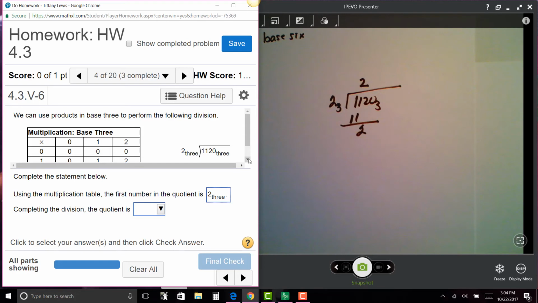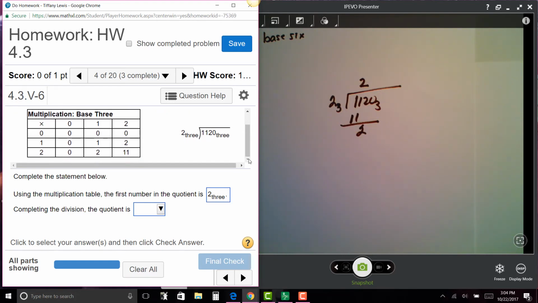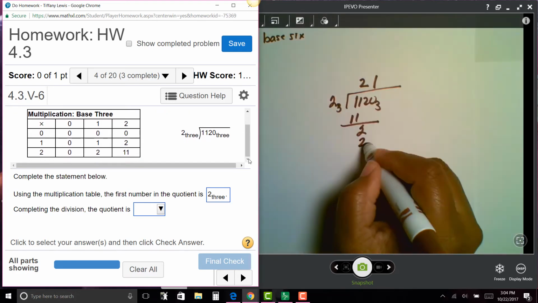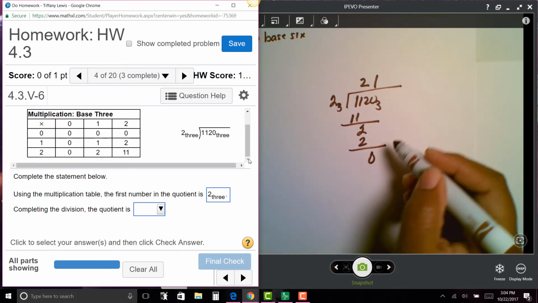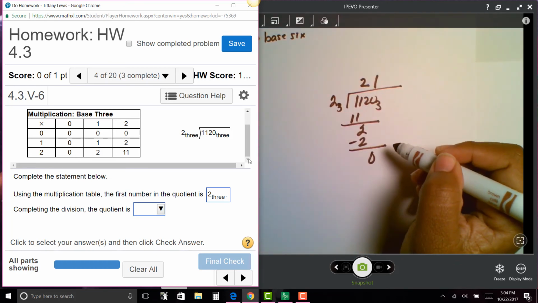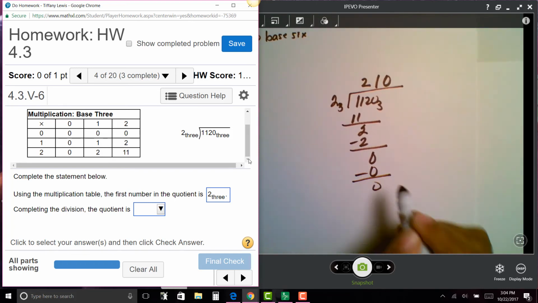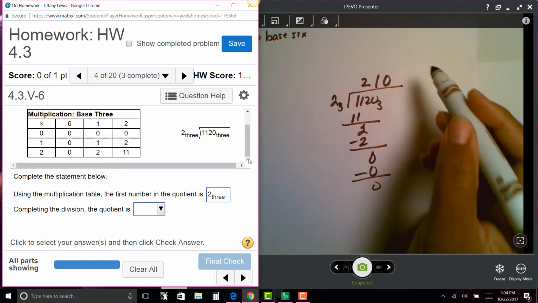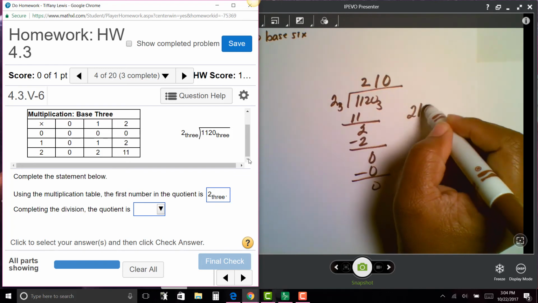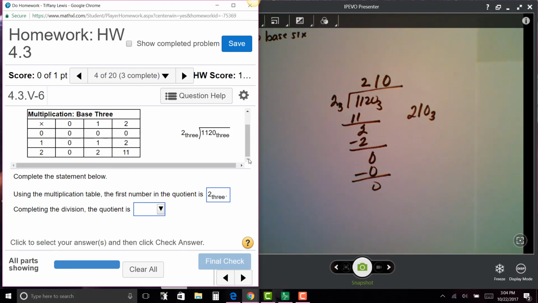That would be 1. And then we're going to subtract. We have 0. What times 0 would give us 0? That would be 0. And then all of this would be in base 3.